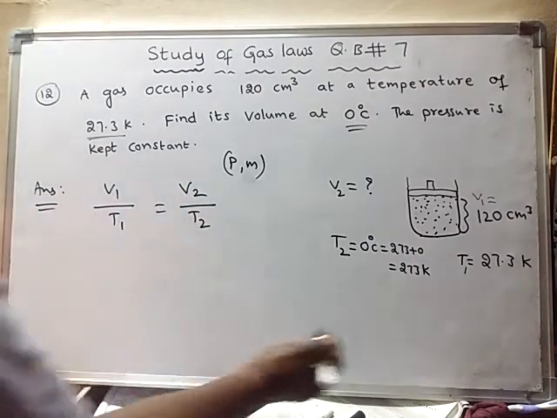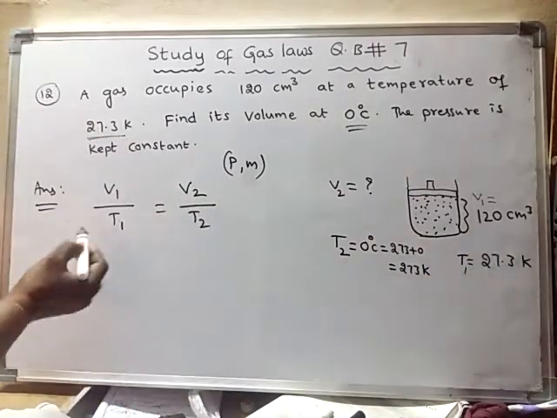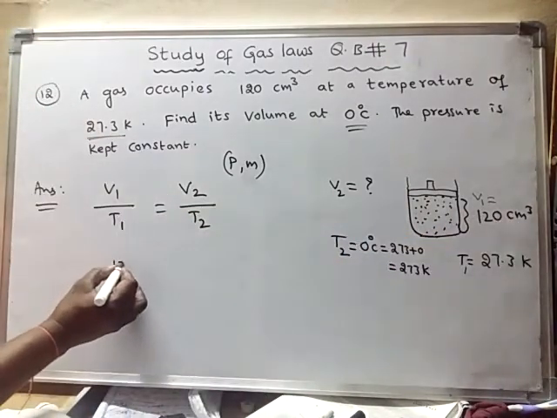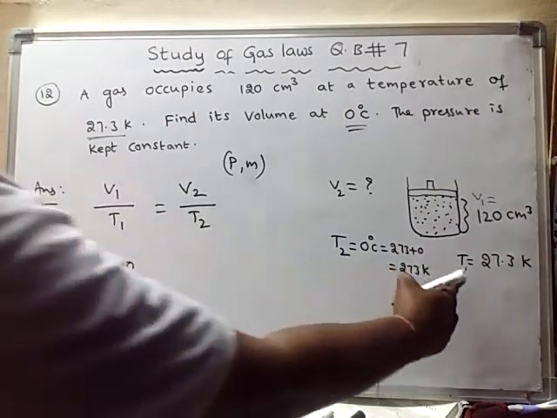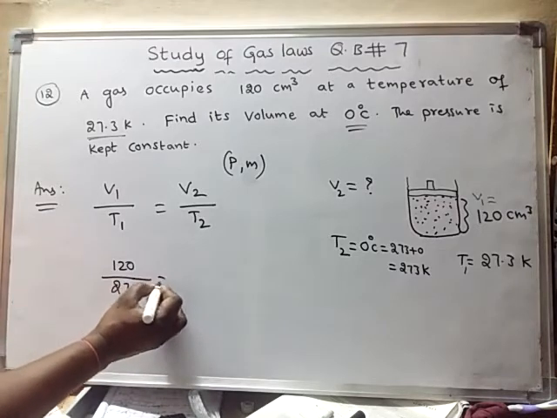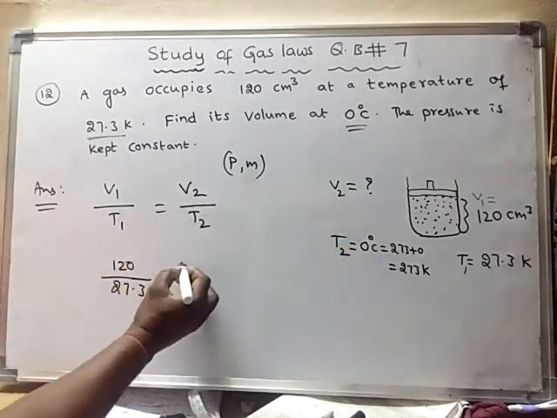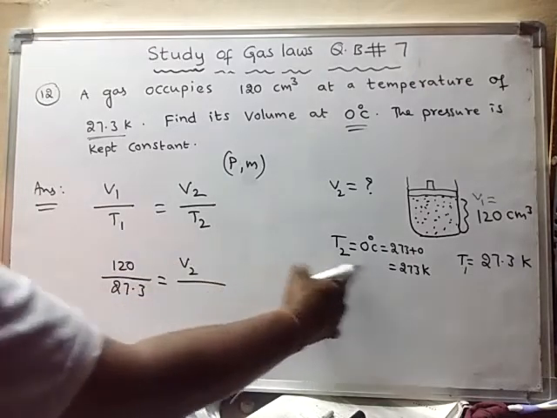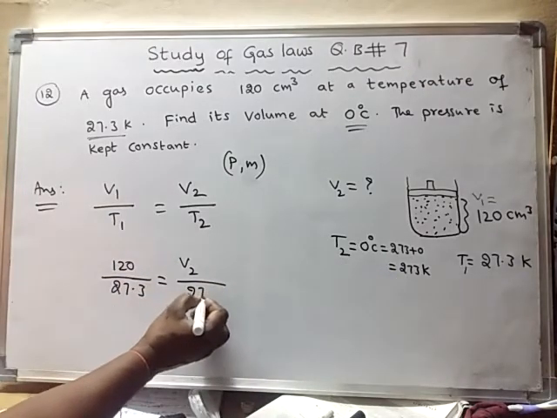Now we substitute these values in this equation. V1 is 120, T1 is 27.3, equal to V2, which we have to find, and T2 is 273.